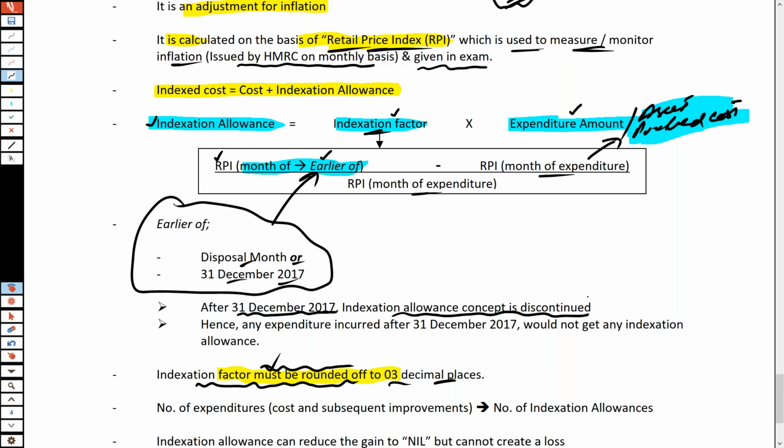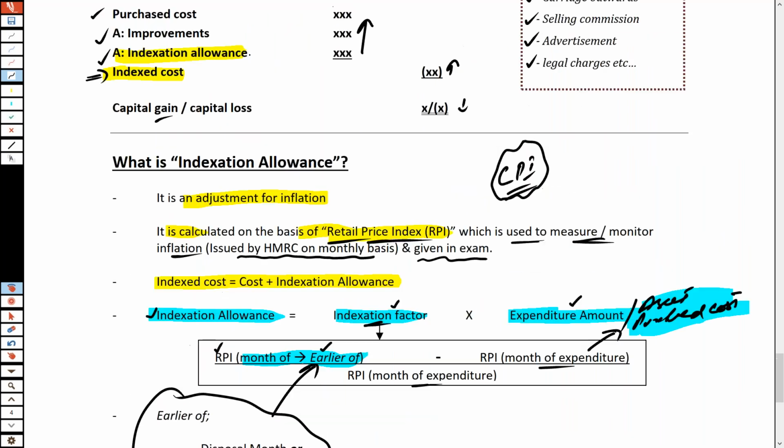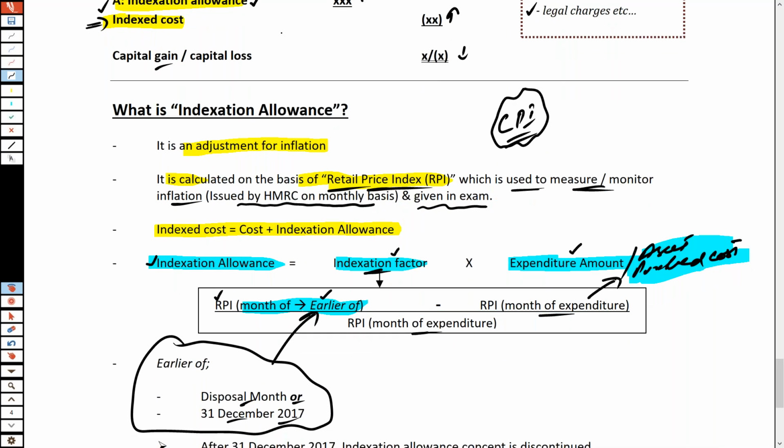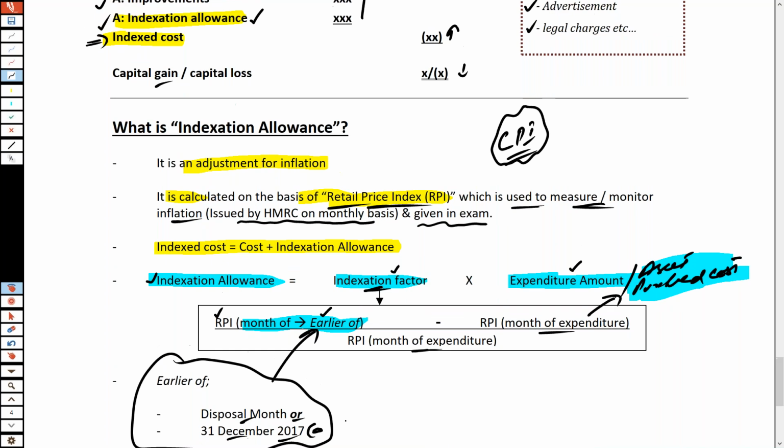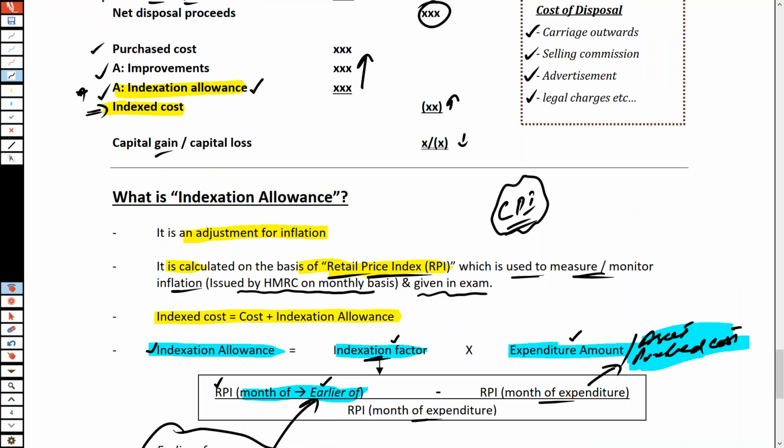Very importantly, please mark my words, if any asset was purchased before 31st December 17 and now we are disposing of that asset, on the disposal of such asset we would be calculating indexation allowance. But if any asset was acquired after this date, 31st December 17, and now we are disposing of that asset, we would not take indexation allowance on the disposal of such asset.